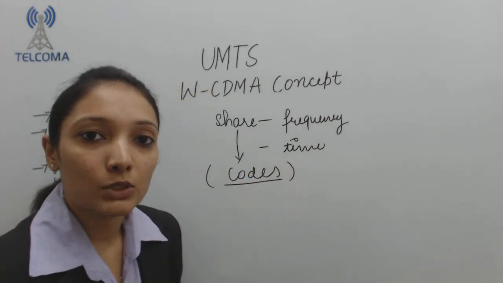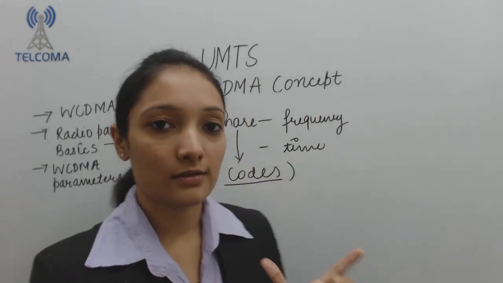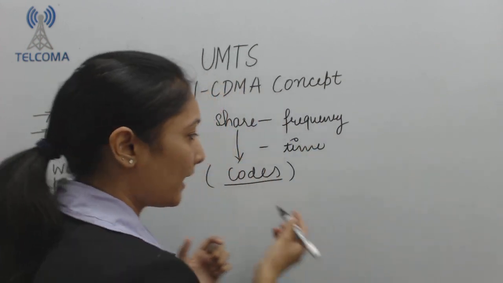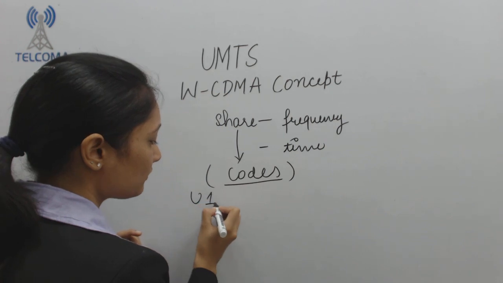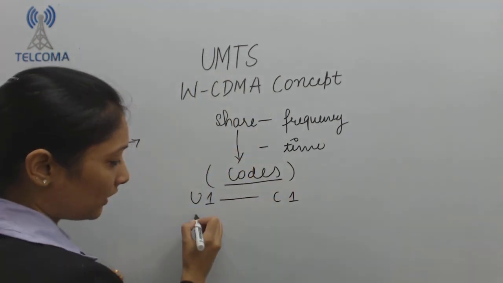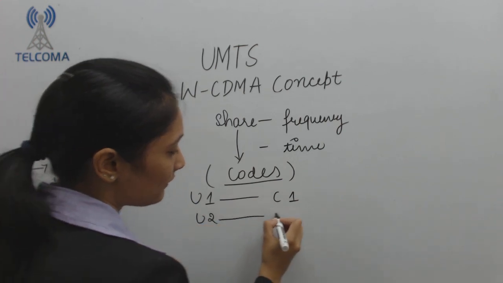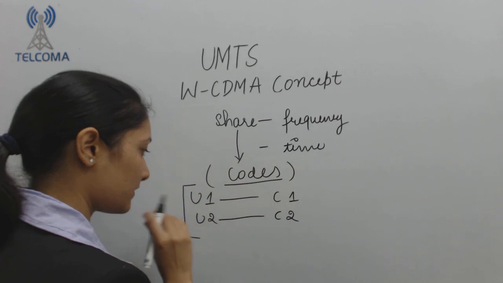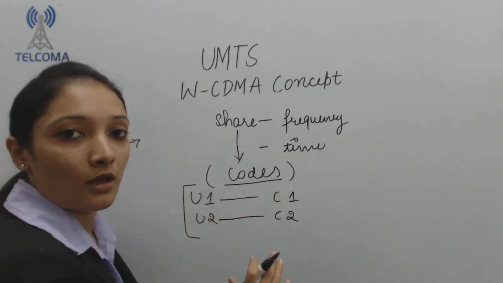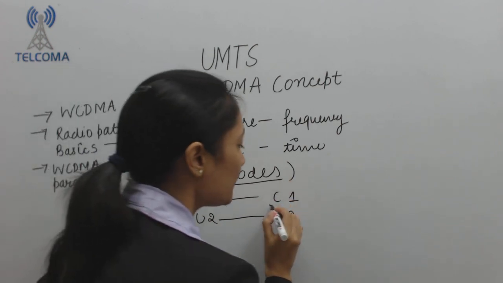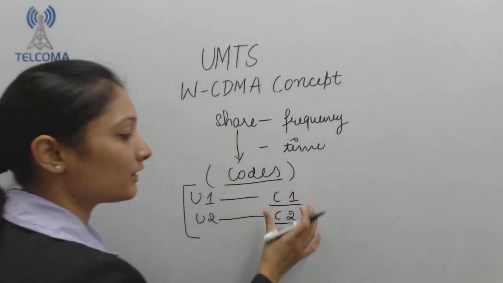Every user in this system will be allocated a different code. If this is user 1, you will have code 1. If user 2, it will have code 2. Both of these users can transmit the data over the same frequency and at the same time, but they will be distinguished on the basis of the different codes.